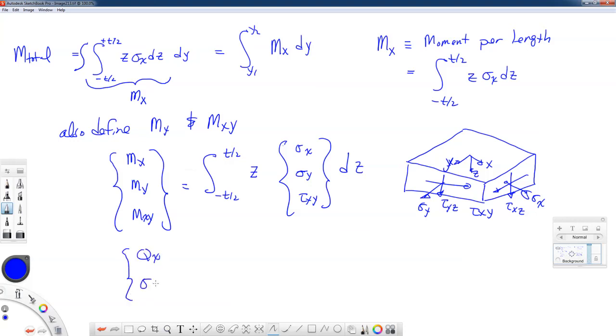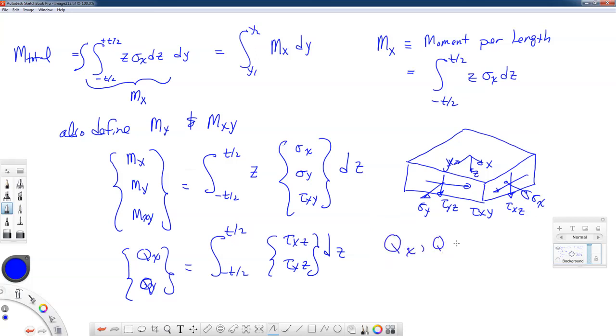It's qx and qy as an integral from minus t over 2 to plus t over 2. Now we don't have the z term because we don't have a moment anymore, but it would be these two shearing stresses respectively, tau xz and tau yz, integrated with respect to z. So qx and qy are forces per length.